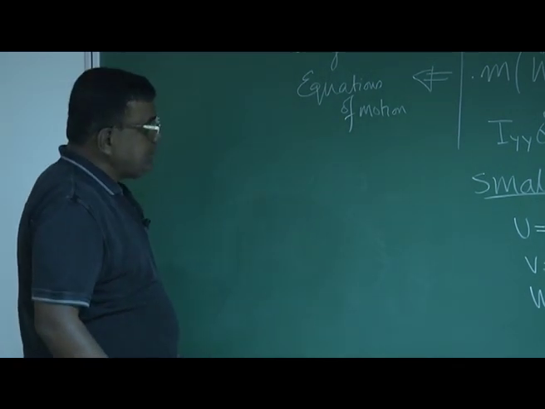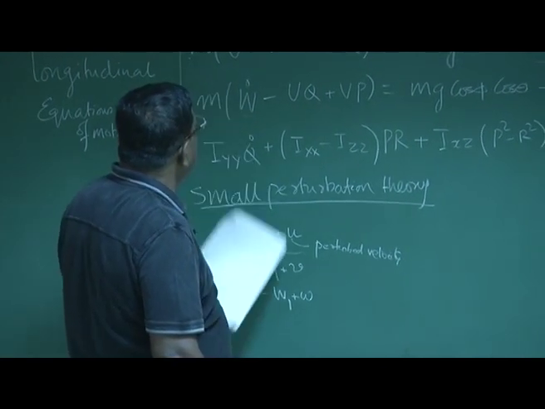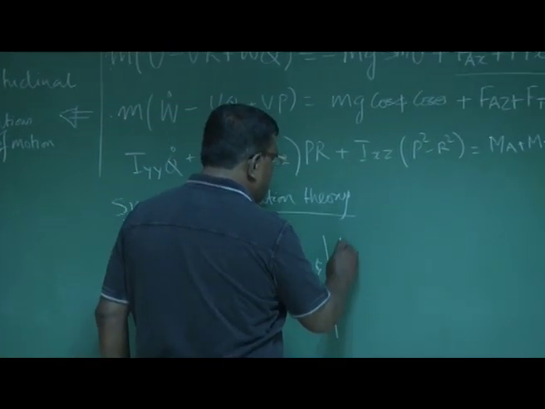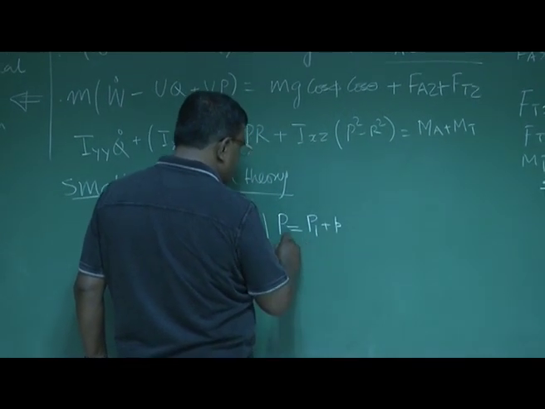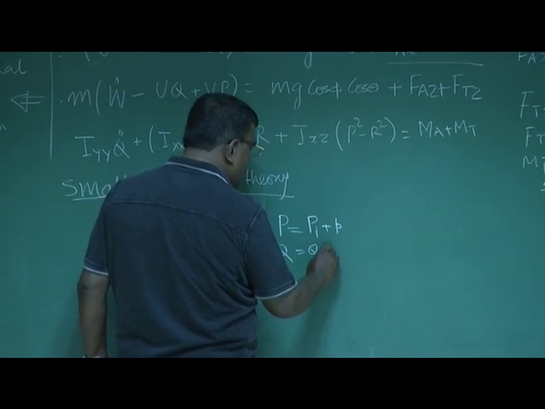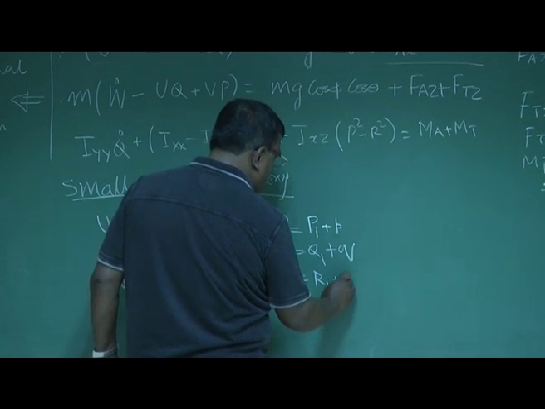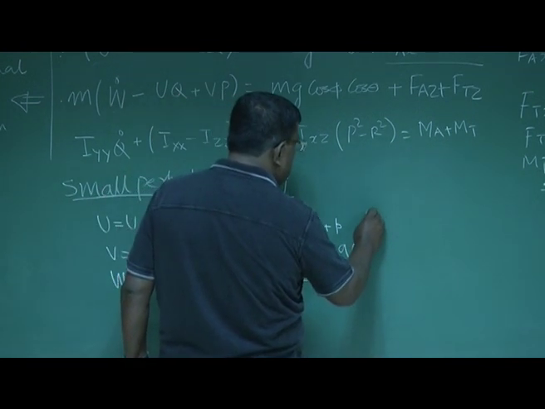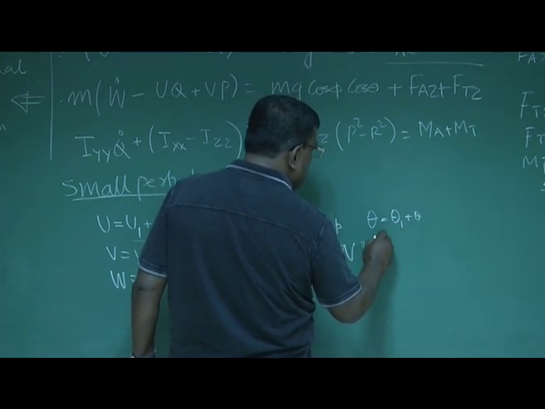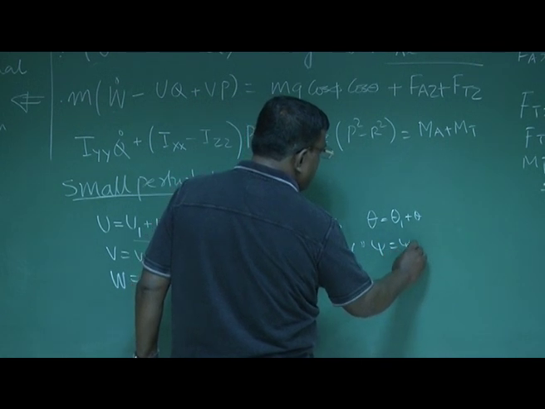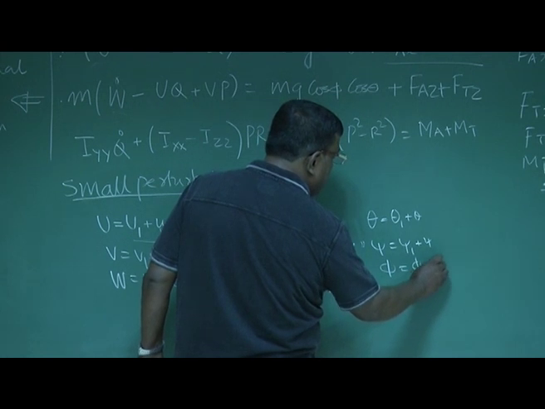And now we will go on doing very mechanical things. So u, v, w you have written. Similarly, you can write P equal to P1 steady state plus small p, then Q equal to Q1 plus small q, R equal to R1 plus small r, then theta equal to theta 1 plus small theta, then psi equal to psi 1 plus small psi, and phi equal to phi 1 plus small phi.